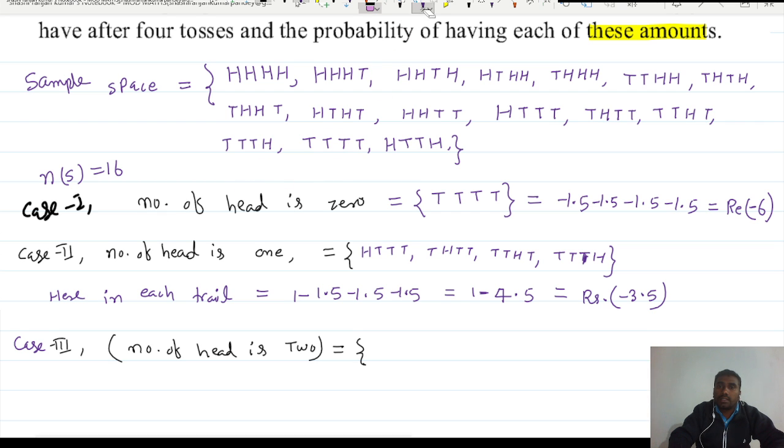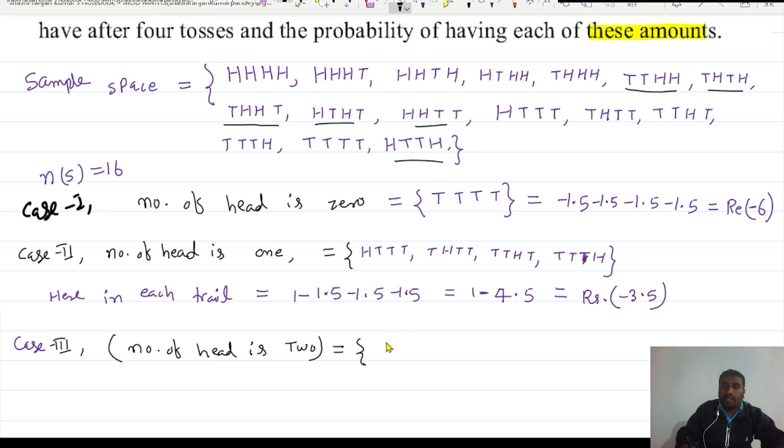So 2 heads, see, 2 heads is here, we have this one, then this one, then here this one, and then here this one. 2 heads is also here, this one, and then this one. So these are the cases in which we are getting 2 heads.